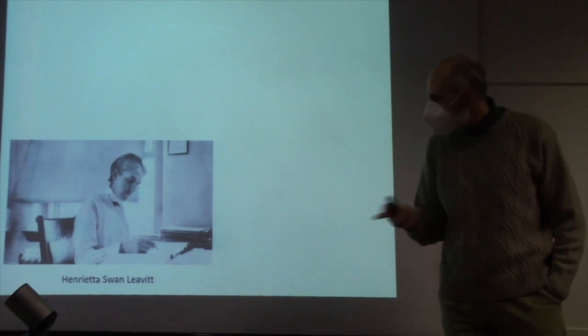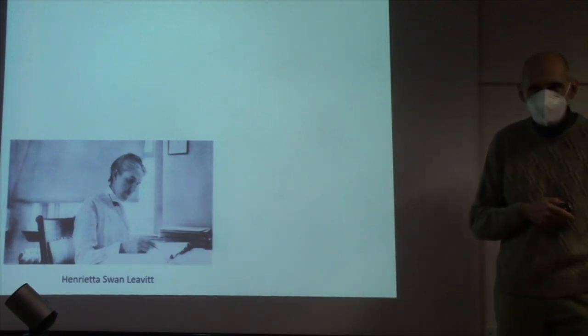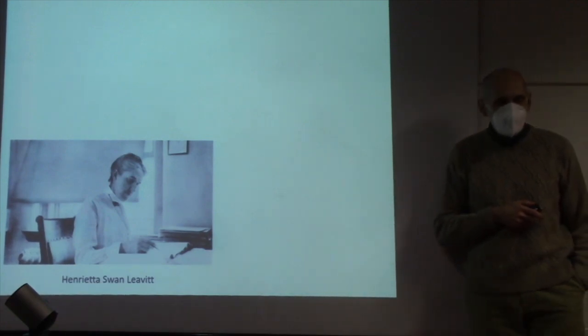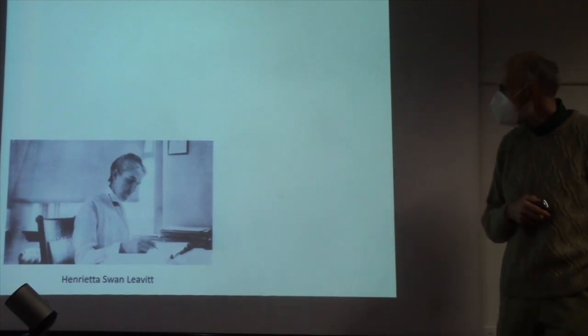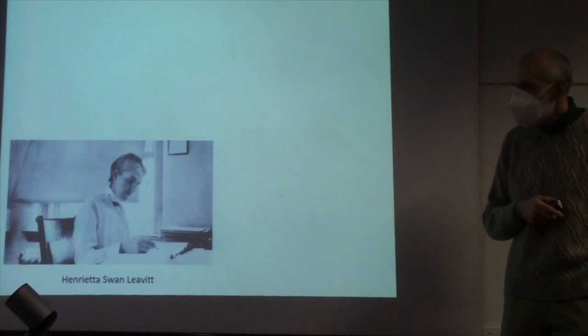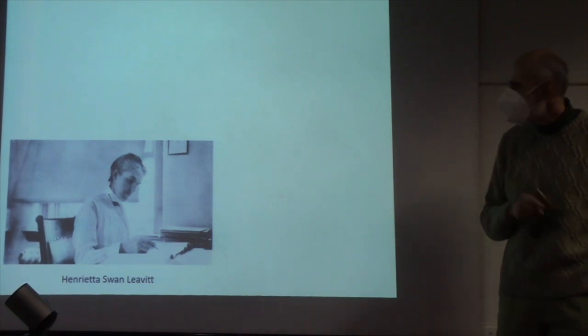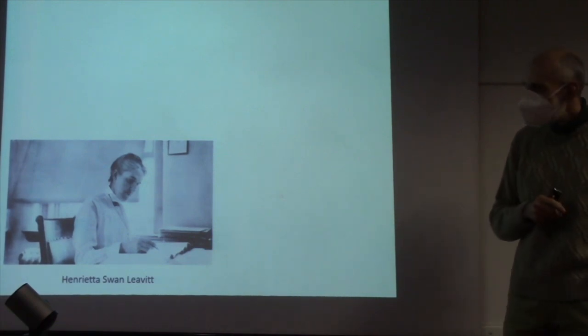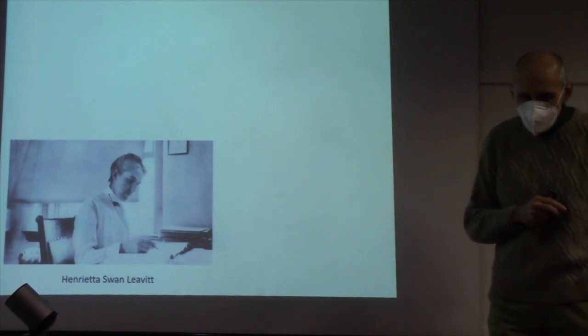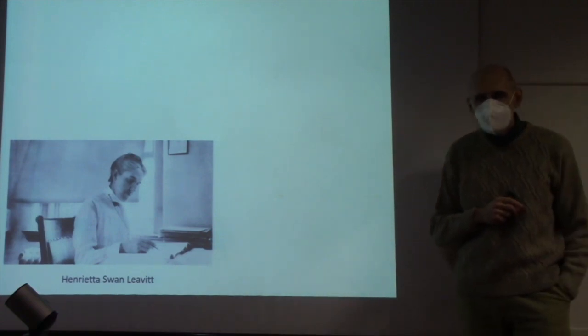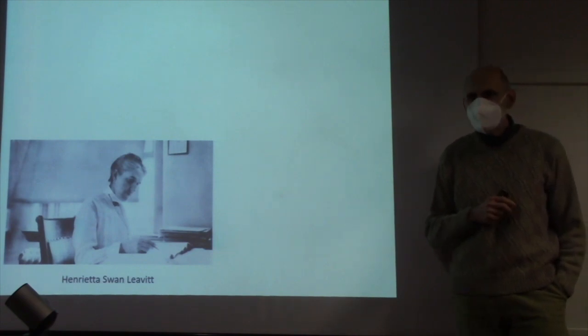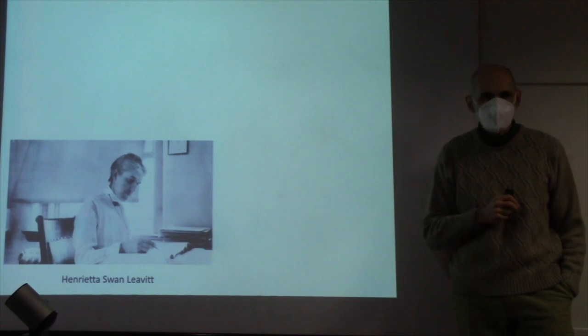So Henrietta Swan Leavitt was a computer, and they found that she was really good at math. And so eventually she got even a bit of pay, and even later she showed that she was so good that she was put at a different task. She was tasked with studying variable stars.